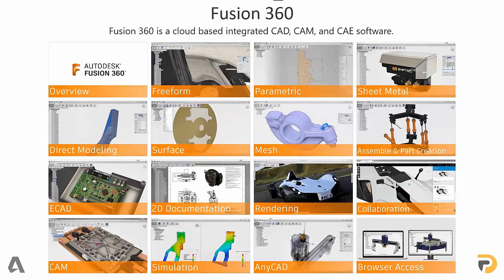Okay, so the second thing then, Fusion 360. So Fusion 360 is Autodesk's cloud-based modeling tool. It's integrated CAD, CAM, and CAE all in the one workspace. Fusion 360 utilizes the power of the cloud as opposed to running some processor-heavy operations on your own machine.